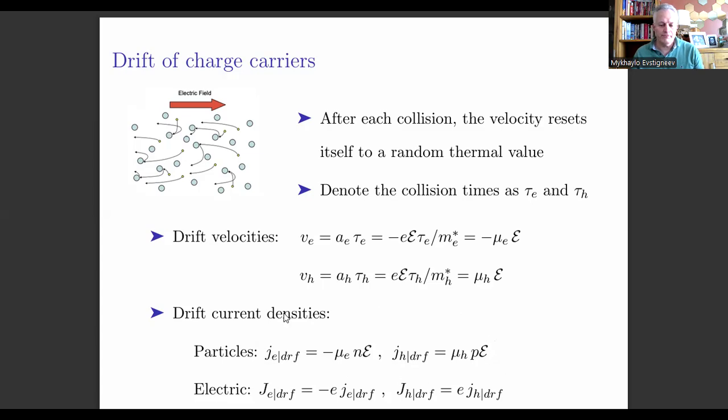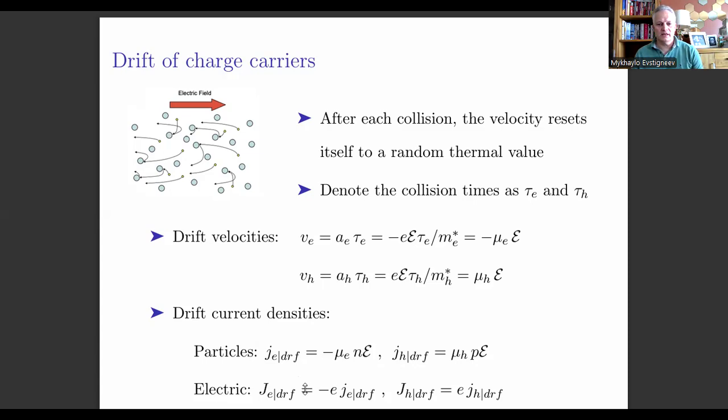So these are the drift flux densities: for electrons, negative electron mobility times electron concentration n times the electric field, and for holes, hole mobility times hole concentration p times the electric field E. Notice that the signs are opposite to each other.